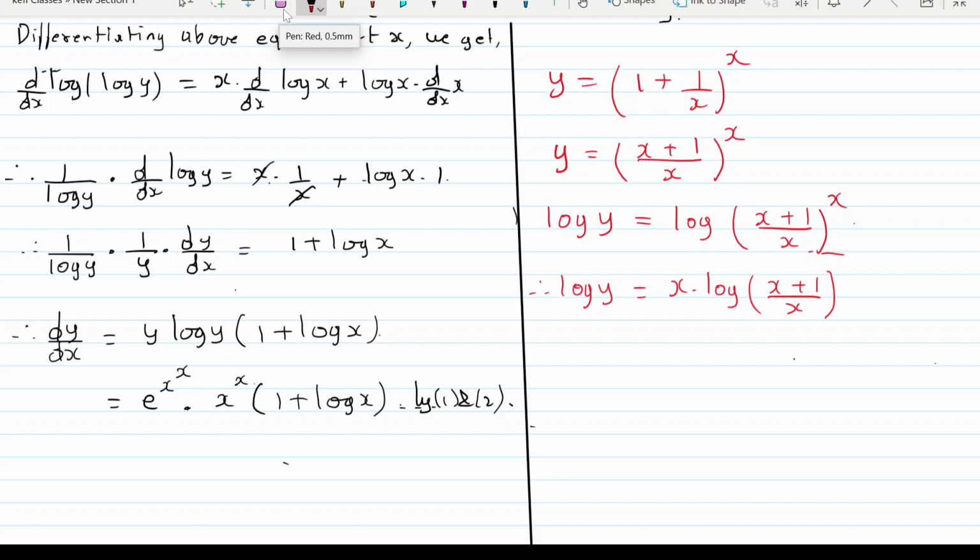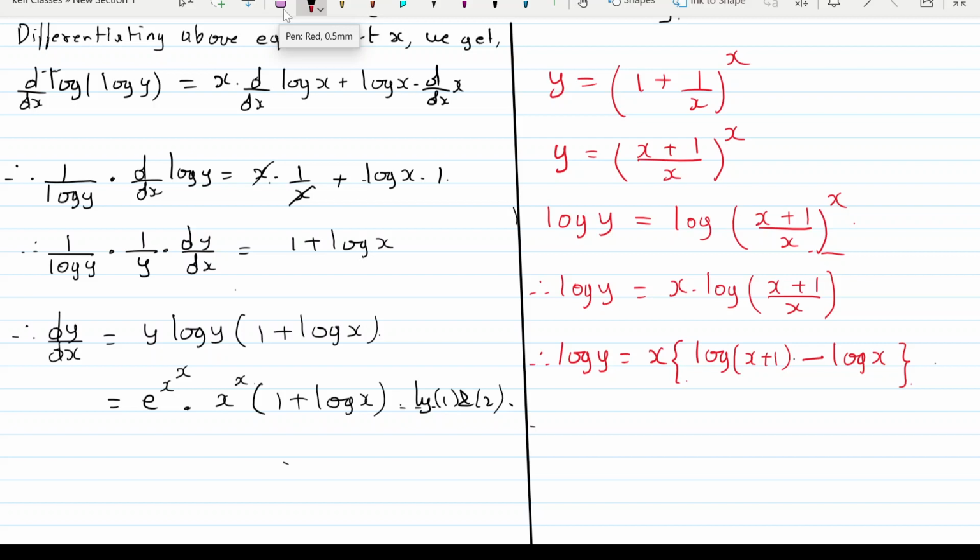Write the reason: log a raised to m is m log a, right? Now before I take the derivative I'm going to use laws of logarithms. So this is x into (log of (x plus 1) minus log x). Now this is going to be my u and this is going to be my entire term, okay?